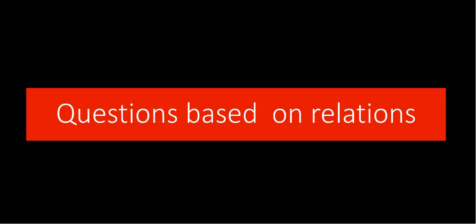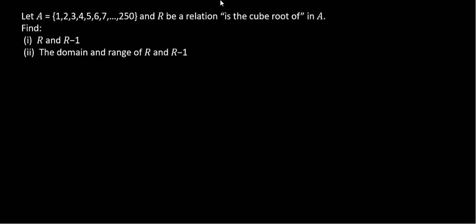Okay. Now, let's also look at the question based on the relation, right? So the question that is based on the relation is this one. Let A equal 1, 2, 3, 4, 5, 6, 7, 8, up to 225, right?